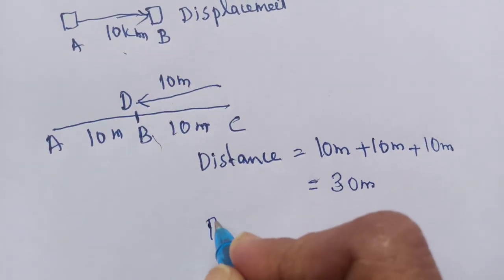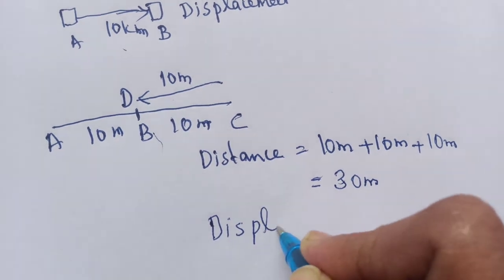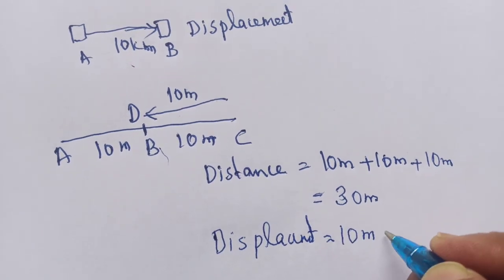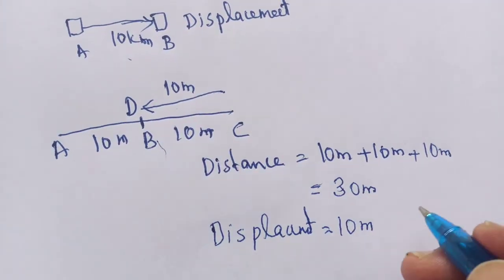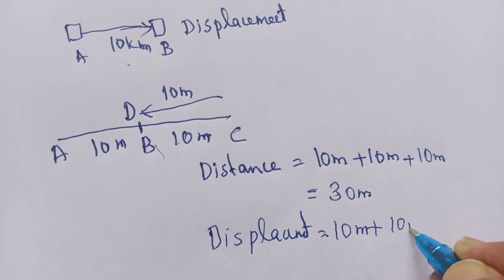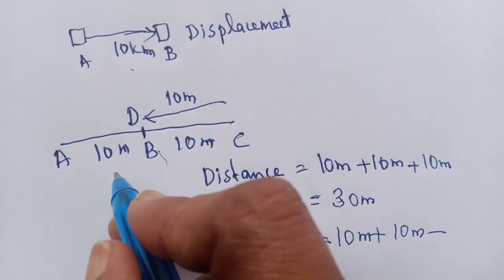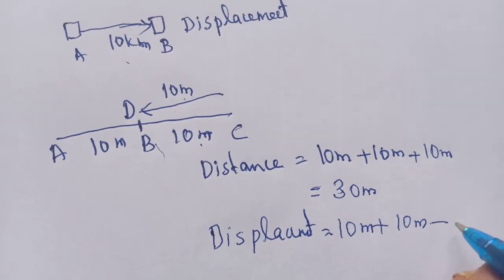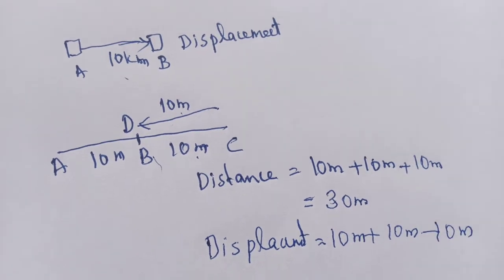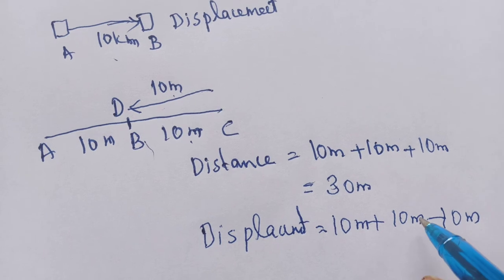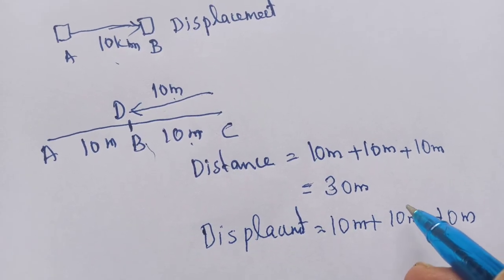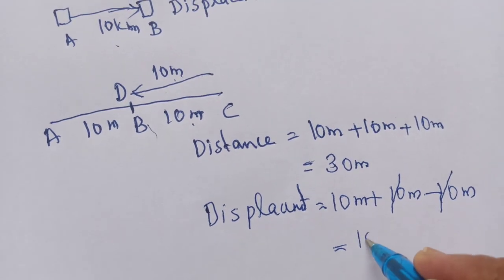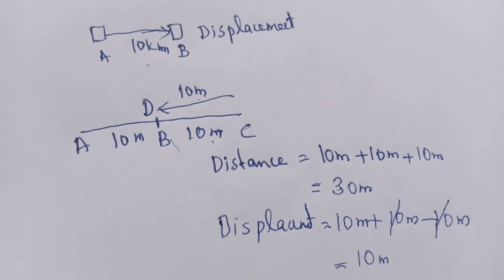I will write displacement equal to 10 meter, that is this 10 meter direct way, plus 10 meter, plus 10 meter, and then this 10 meter we will consider as negative 10 meter. Then minus 10 meter, so this plus 10 and minus 10 will get cancelled. Then we will have only 10 meter as displacement.